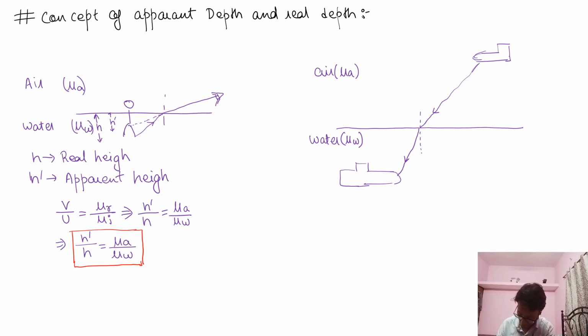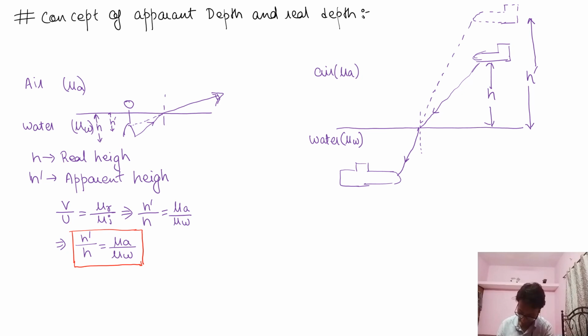But according to the submariner, where is the aeroplane appearing? The aeroplane will appear at this height, but the actual height of the aeroplane is out here. So let this height be h, the actual height of the aeroplane, and let this height be h dash, the apparent height of the aeroplane as observed.